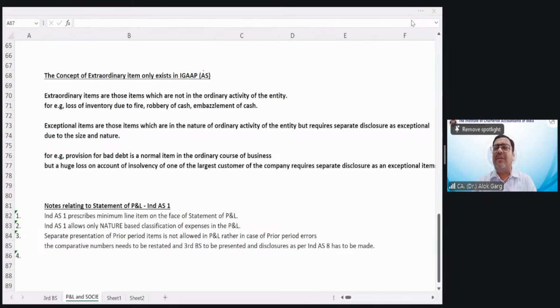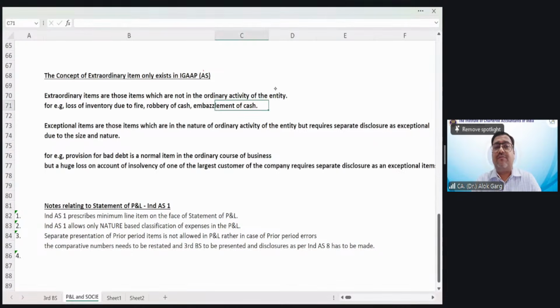Friends, Ind AS came from IFRS. IFRS says that if you are doing a business, you will always have a risk, abnormal risk also. For example, loss due to earthquake. But earthquakes in Japan are very normal, right? So in IFRS there is no concept of extraordinary, but in IGAAP the concept of extraordinary is there, which says that extraordinary items are those items which are not in the ordinary activity of the entity.